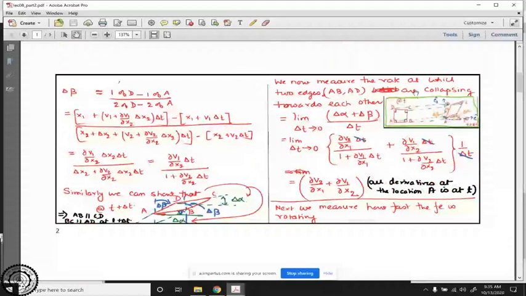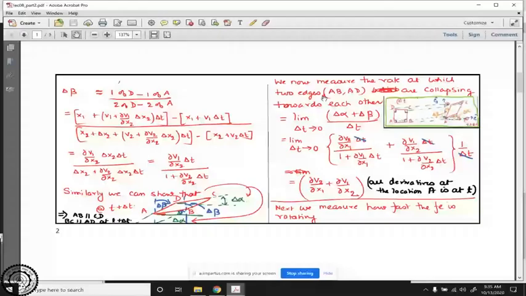Now we measure the rate at which two edges AB and AD are collapsing towards each other. So now using these expressions for delta alpha and delta beta, I am inquiring for a new physical quantity. What is that quantity?